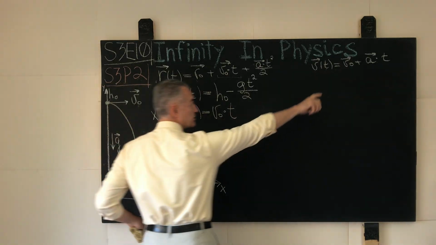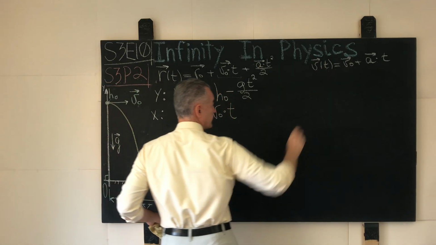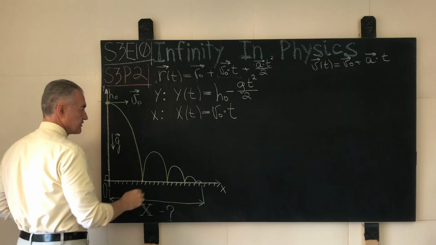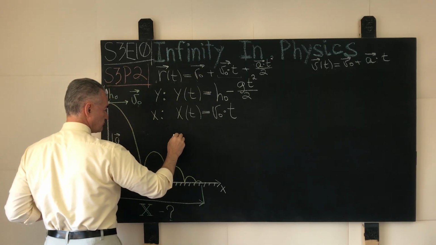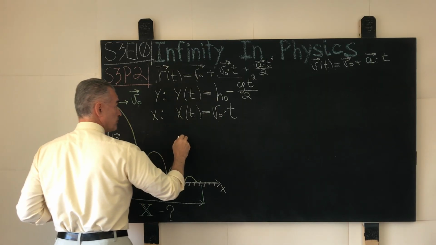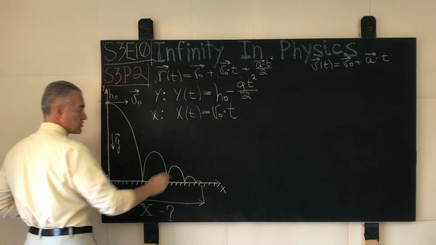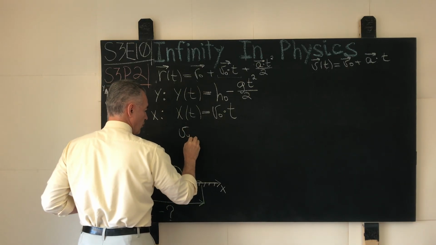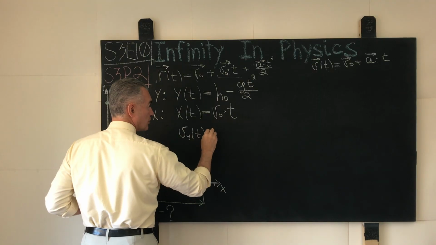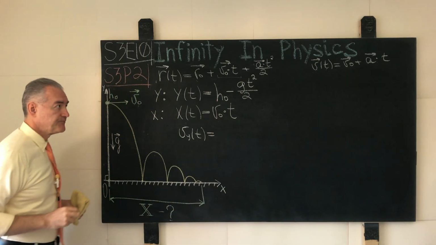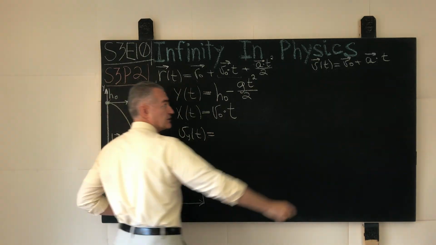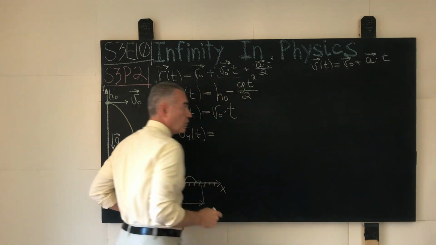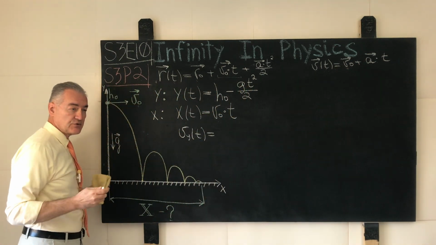Now let us project the velocity vector onto the corresponding axis. We will have for the vertical projection, Vy of t will be what? The initial velocity here, v0, on the y-axis is 0.